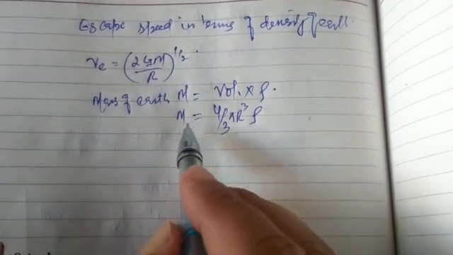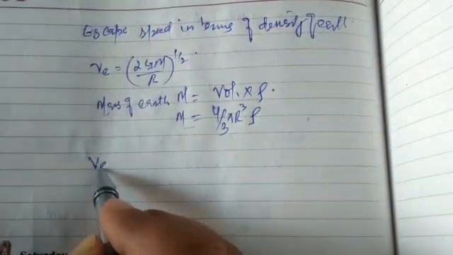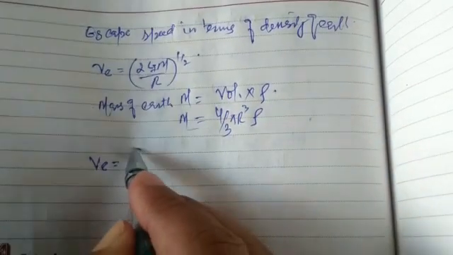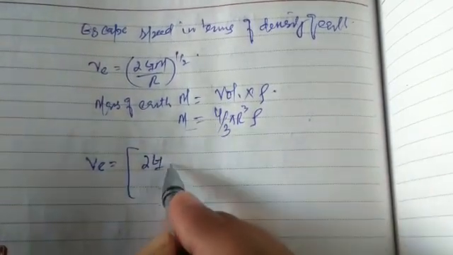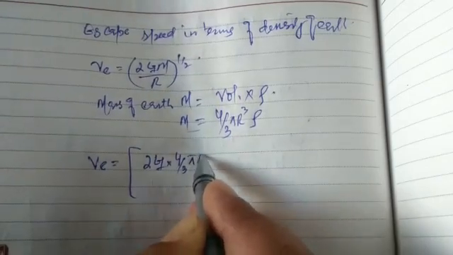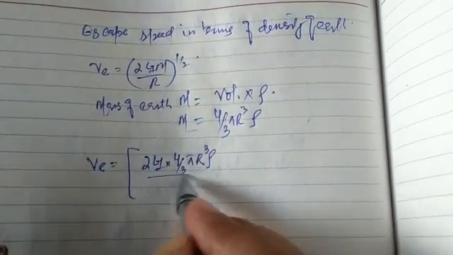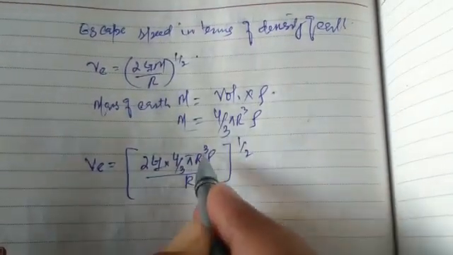If we use this value here, we get VE equals 2 G, and instead of M we have 4/3 pi r cube rho, divided by r, raised to power 1/2. Now one r is going to leave.